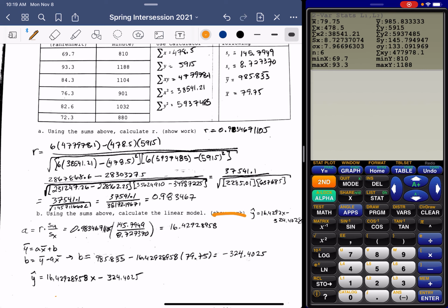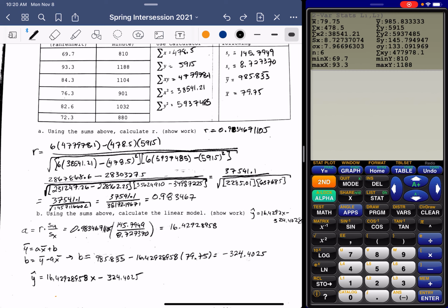And it says right here, using the sums. So we're going to be using these sums, right? These sums. Okay. So in this case, right? And I'm going to be clear on this. And I'm sorry if this is different.